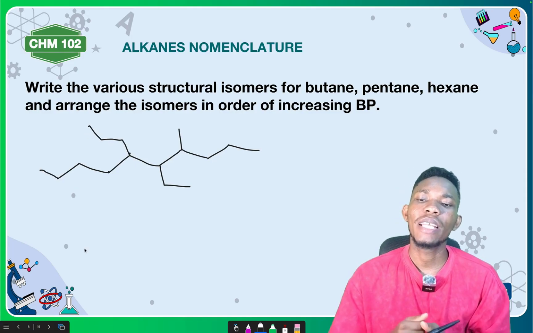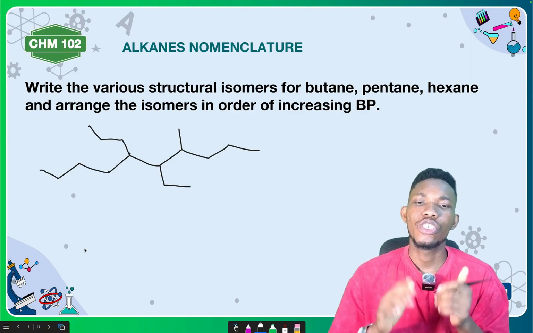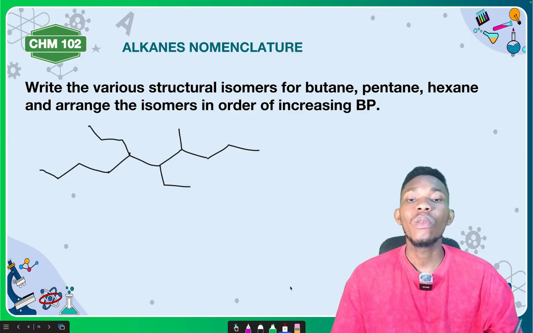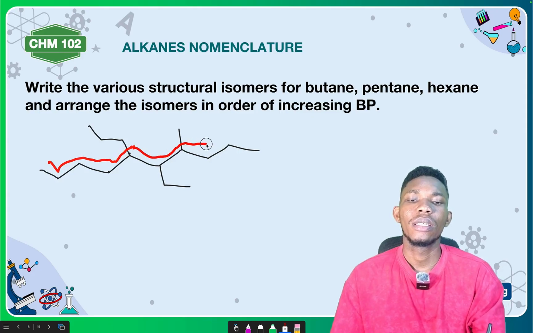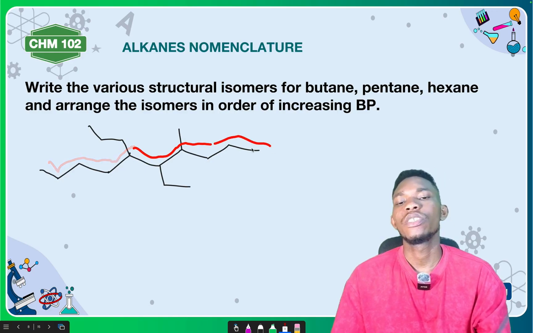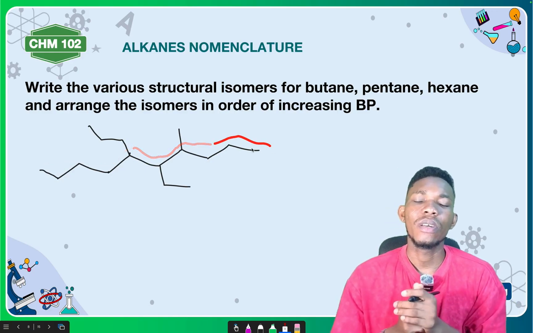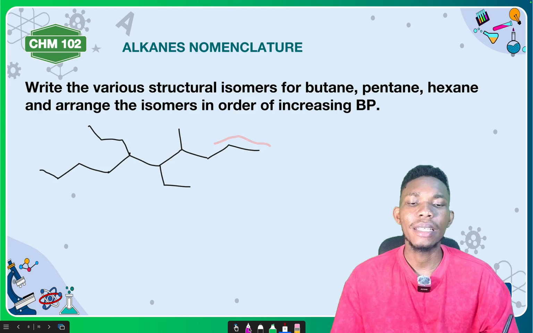First of all, we have to identify the longest continuous chain. Of course, just looking at it, you agree with me that the longest continuous chain is this straight chain here. That straight chain is the longest continuous chain. So every other thing there is a substituent.